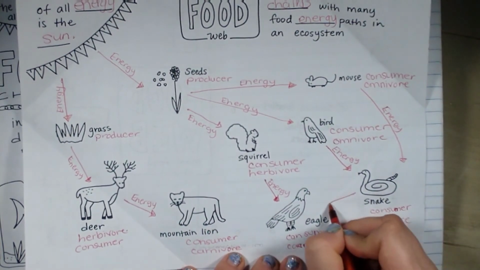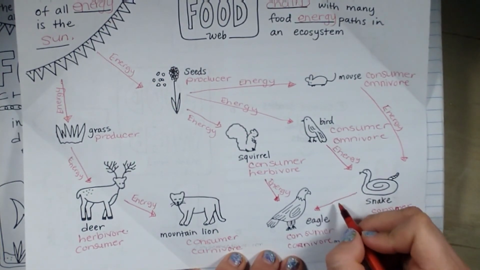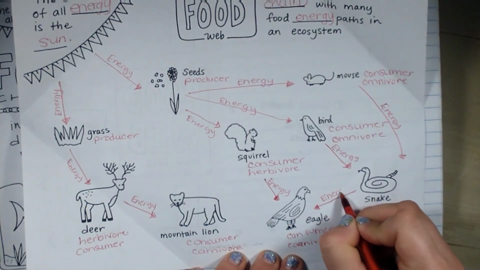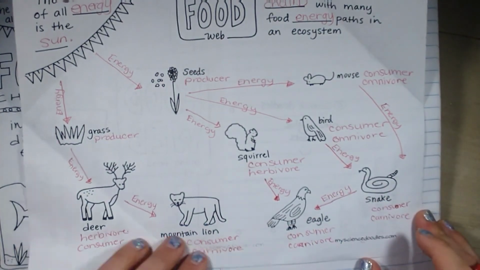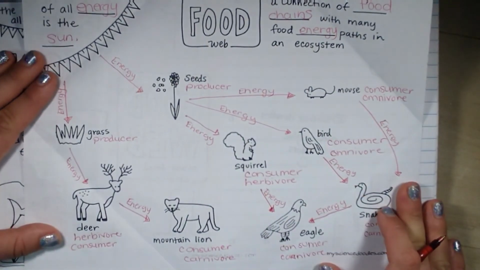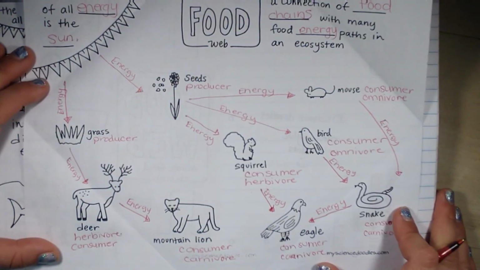And an eagle can also get energy from the snake. So that is a food web. But all of the energy started at the sun.